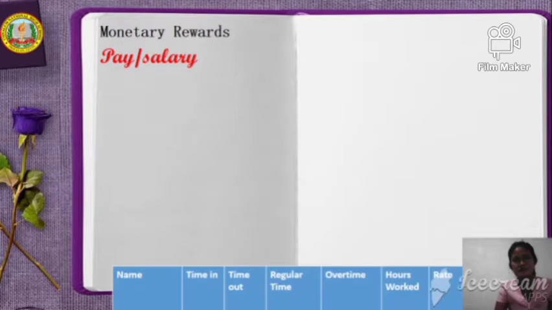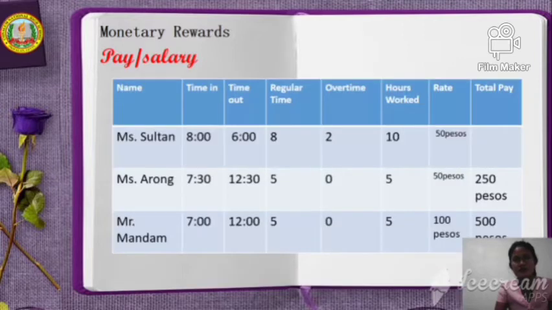So Miss Sultan timed in at 8 a.m. and timed out at 6 p.m. The regular time is only 8 hours, so she should have timed out at 4 p.m. Yet she timed out at 6, so she got an overtime of 2 hours.